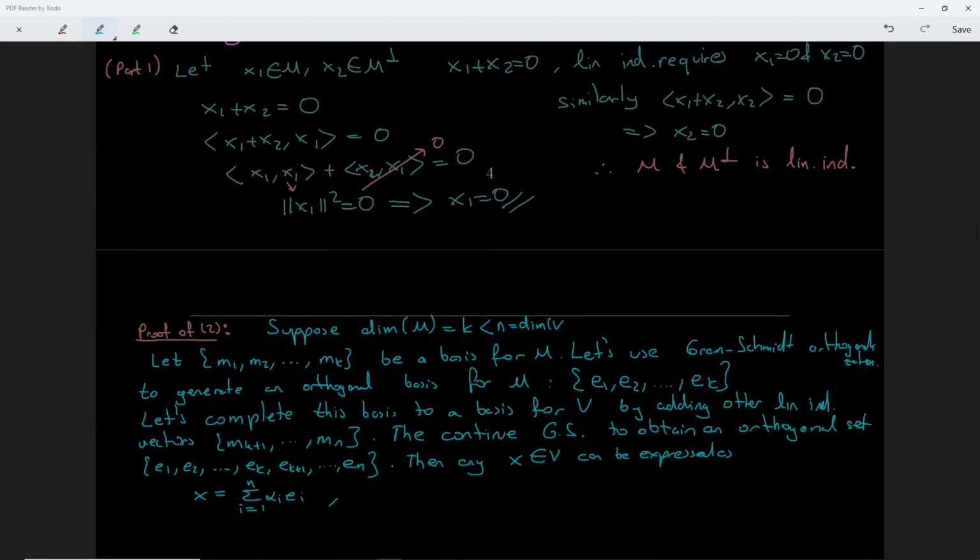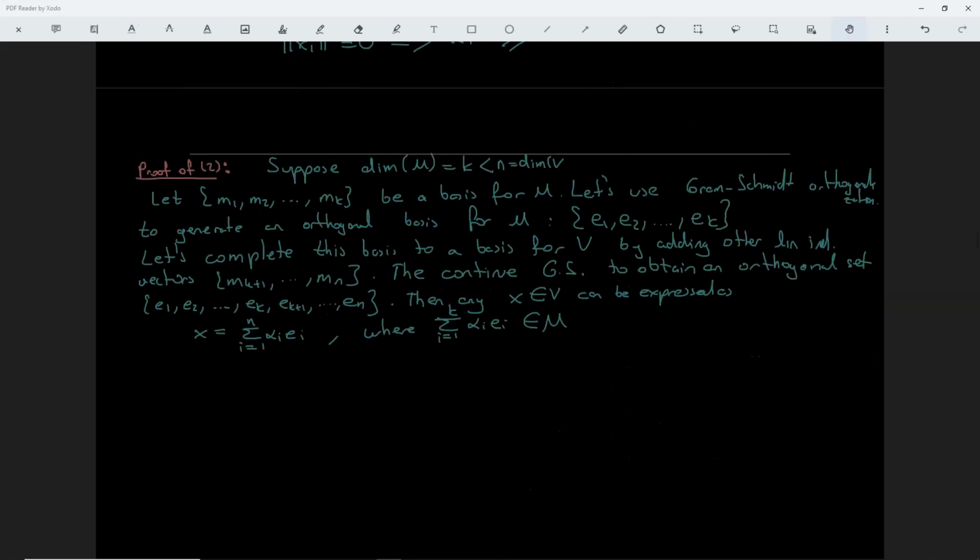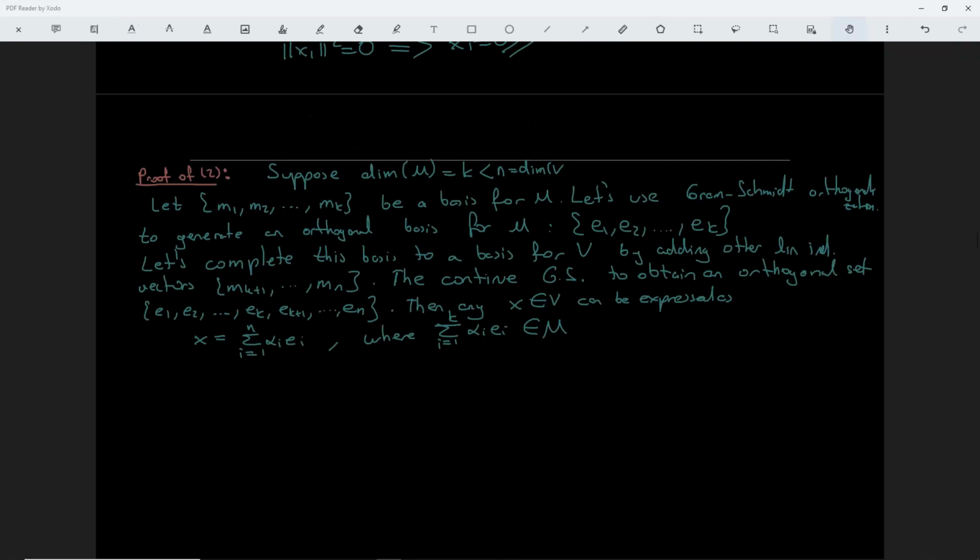And furthermore, the first k elements fall into our subspace M. The summation for i from 1 to k of alpha i ei is in our subspace M. So let me save this and scroll down a little bit.